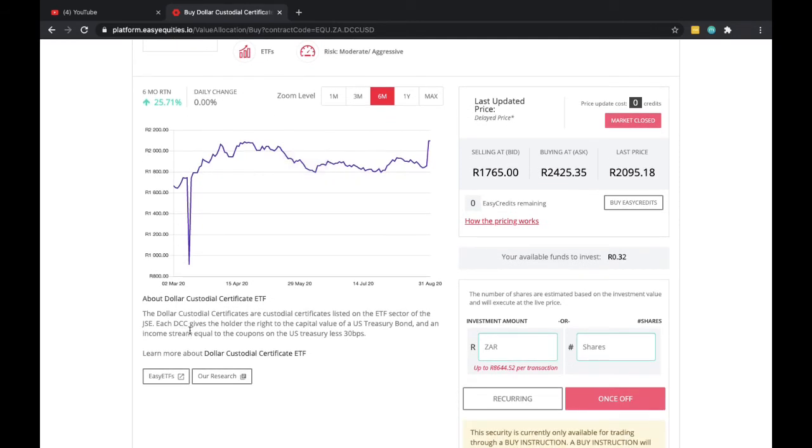Each dollar custodial certificate, the DCC, which is used here, gives the holder the right to the capital value of a US Treasury bond. Really important. And an income stream equal to the coupons on the US Treasury less 330 BPS.